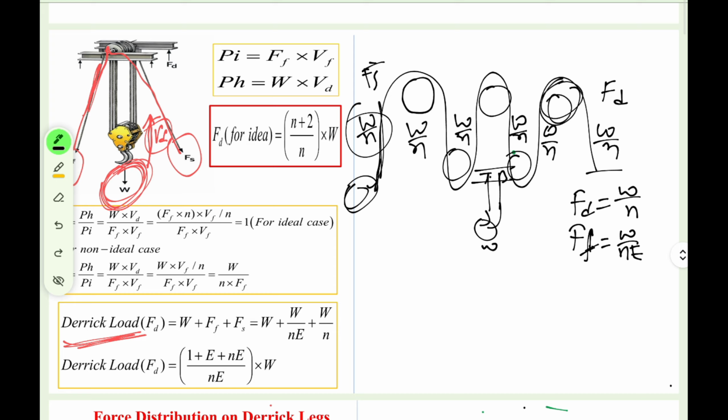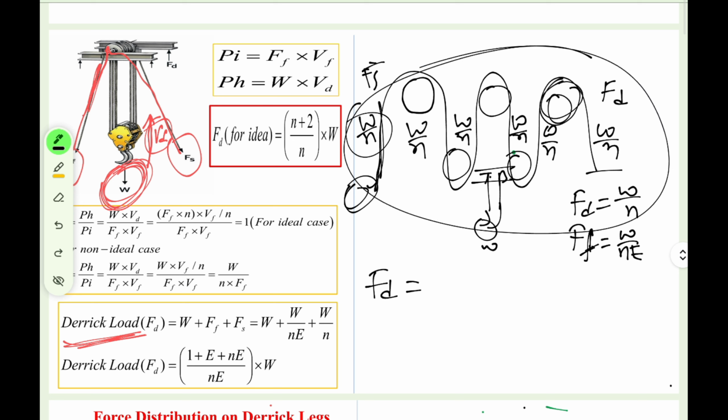Now we want to calculate the total Derrick load acting on the traveling block. What is the total Derrick load? All these systems are on the Derrick floor, so how much load is the Derrick floor experiencing?